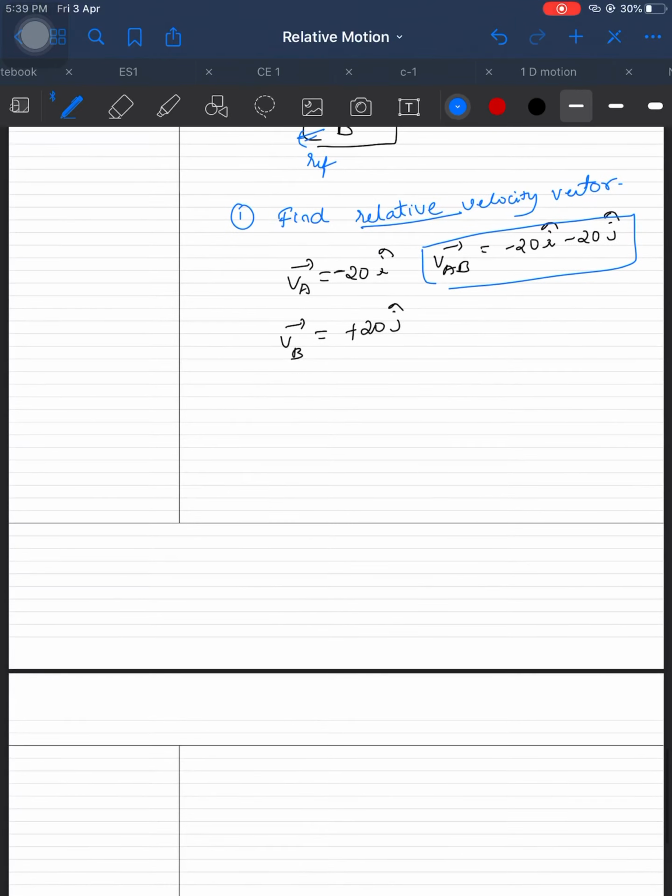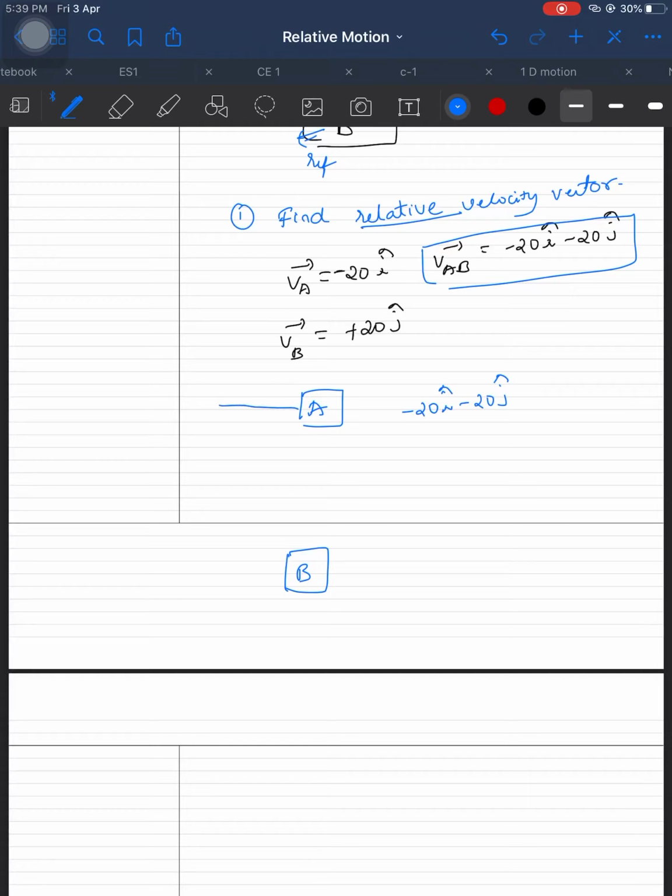When B is at rest, for B I am drawing the diagram. This is B and this is A. With B at rest, A appears to be moving in the minus 20 i cap minus 20 j cap direction.